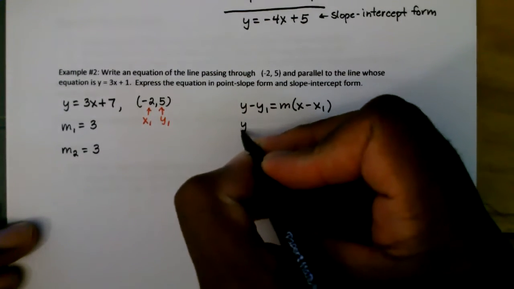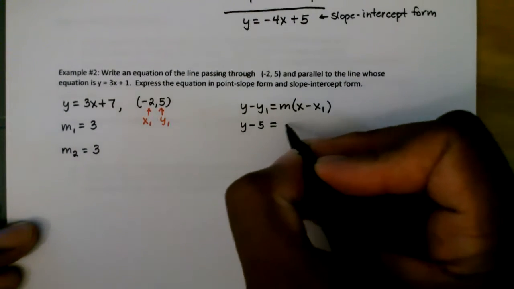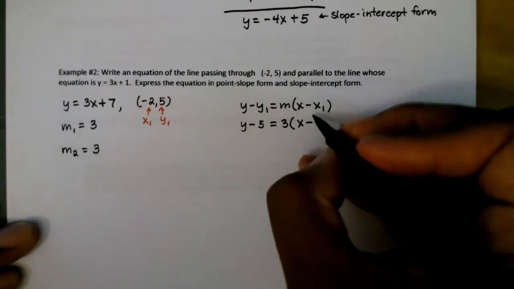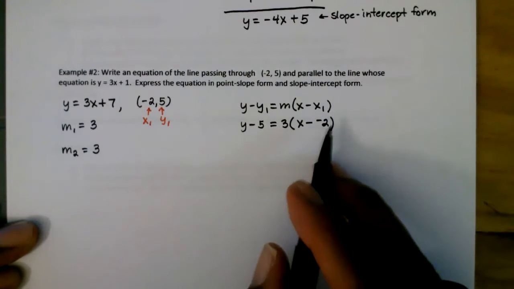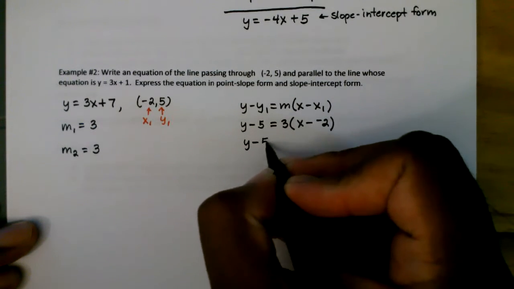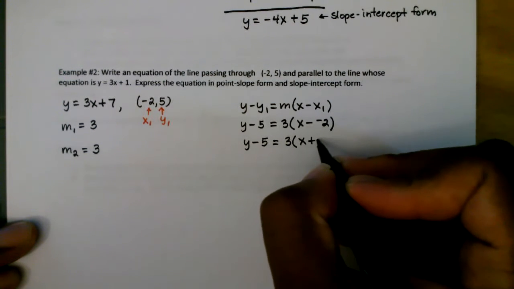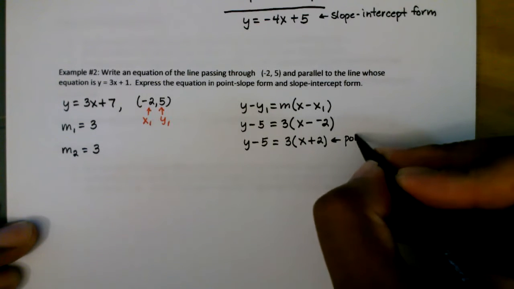So in this case, this will be y minus y1, which is 5, equals the slope, 3, times x minus x1, which is -2. Now, x minus a -2 is going to be written as x plus 2. So this is what I have: y minus 5 is equal to 3 times the quantity x plus 2. This is your equation in point-slope form.